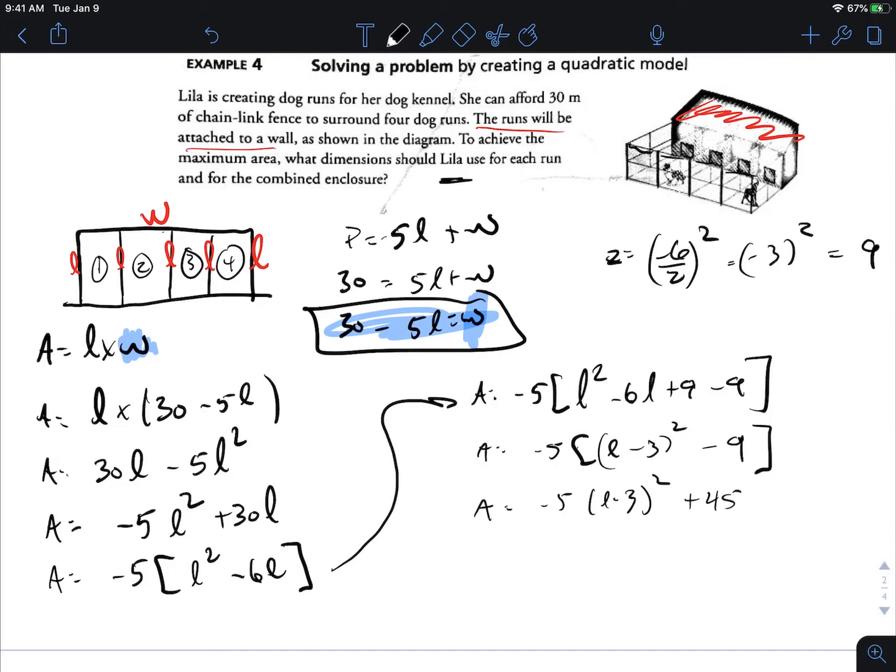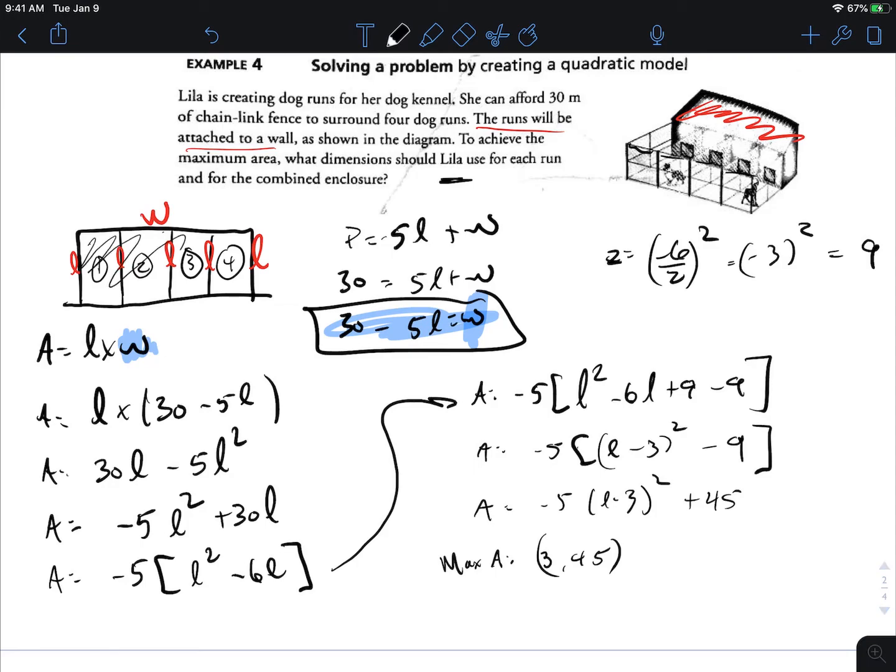So the maximum area of that whole shape, I'm going to write the vertex: 3 and 45. So I know the maximum area.